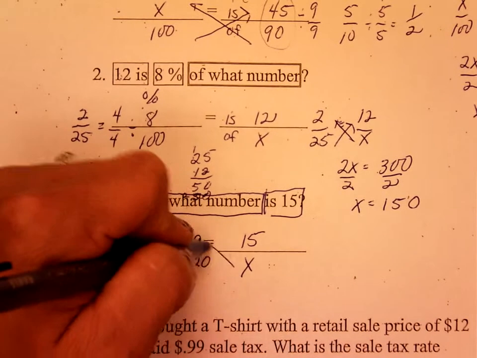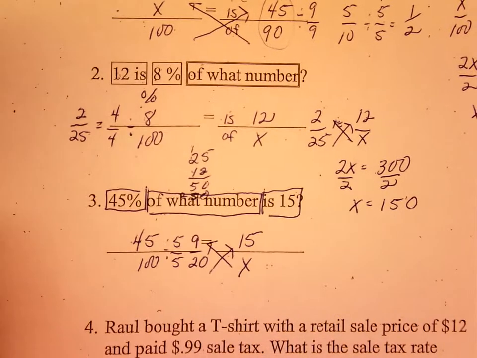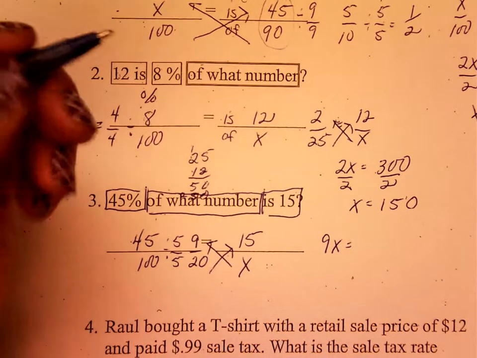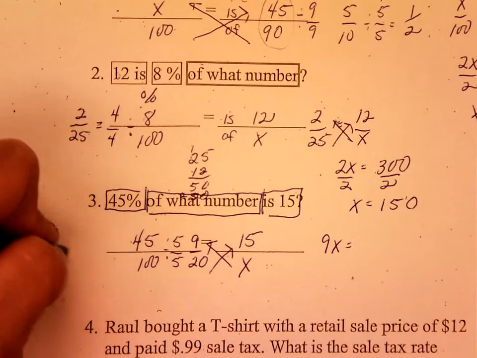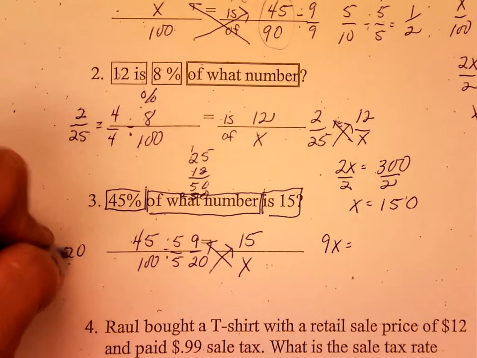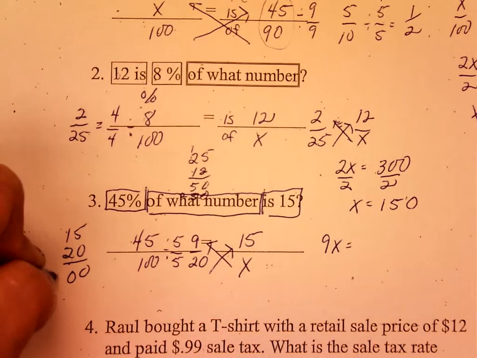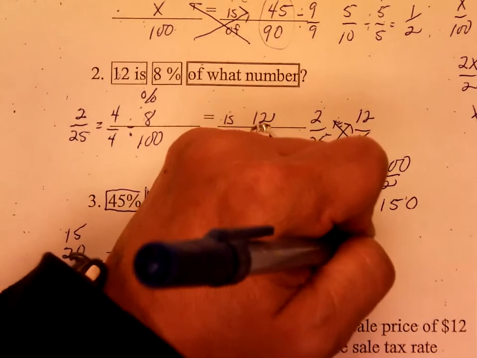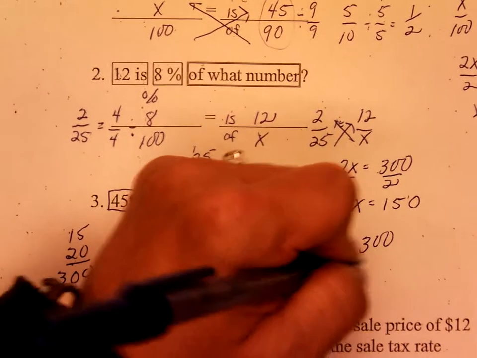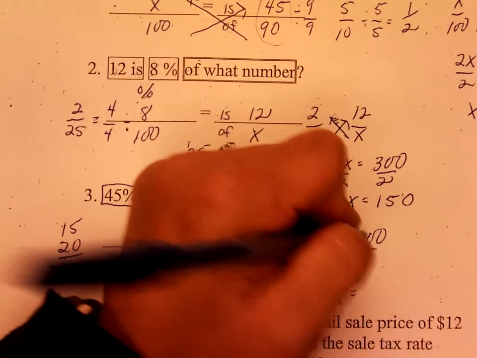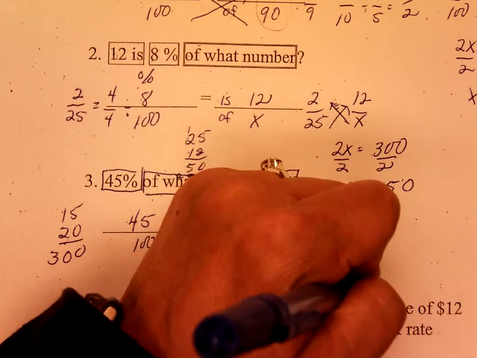Now I can cross multiply, and I get 9x is equal to 300, because 20 times 15 is 300. Divide by 9, and x is equal to, 9 goes into 30 3 times, 27.